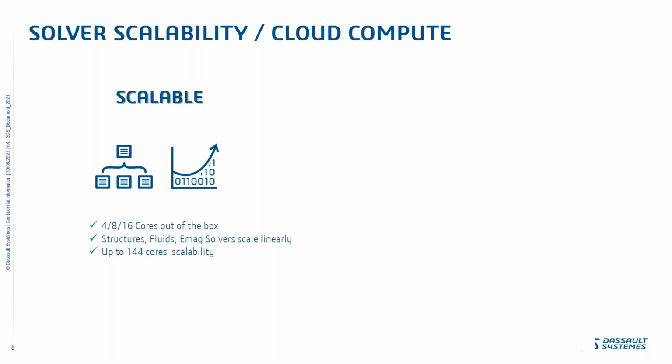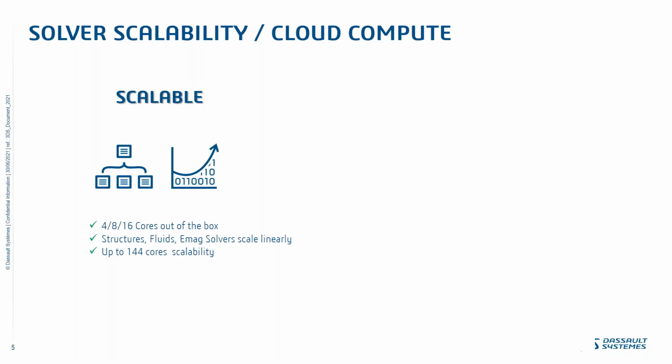The structures package that Arun talked about allows you to use 8 cores out of the box. For additional cores, you can go up to 144 cores, I believe, on the local machine as well as on the cloud.